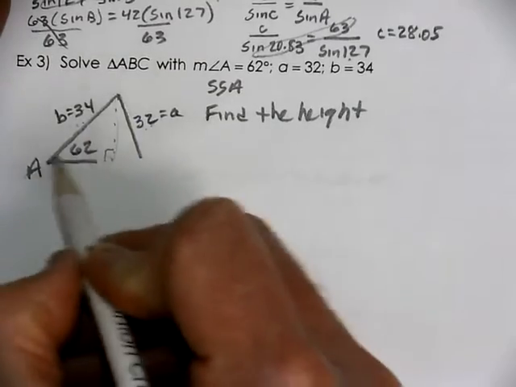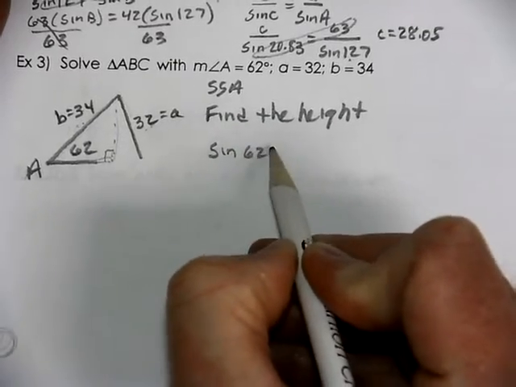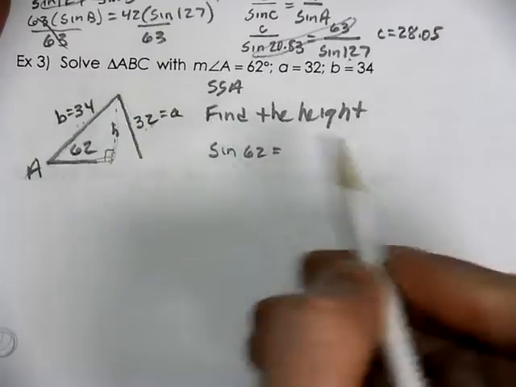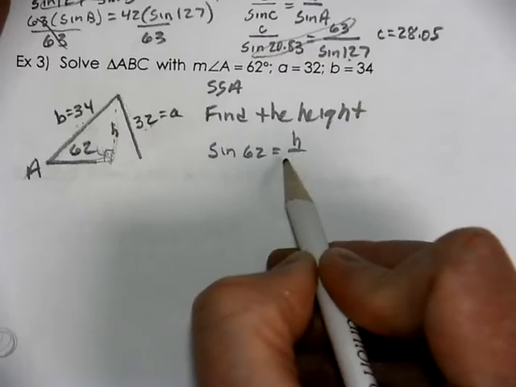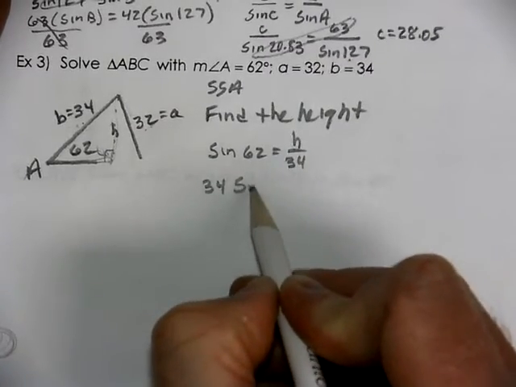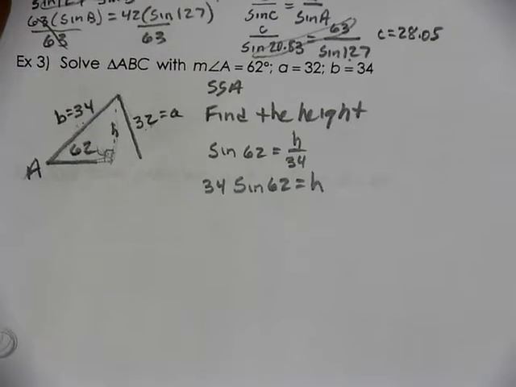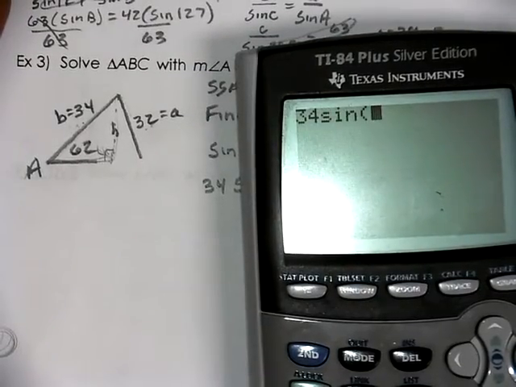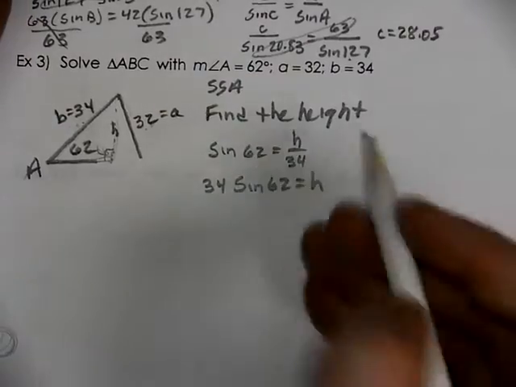So we do that by using this right triangle, and we have sine of 62 equals this opposite side, which would be called the height, over the hypotenuse, which is 34. So we have 34 sine of 62 equals h. So 34 times the sine of 62 is going to be 30.02.